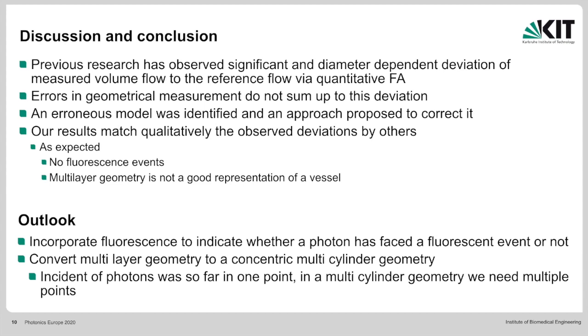And further on, we want to convert the multi-layer model to a multi-concentric cylinder model with the inner cylinder depicting the blood volume and the outer ring, the arterial wall. And of course, in this case, we need to incident photons at different locations of our cylinders, since the geometry of incidence changes, which is not the case in a multi-layer model.